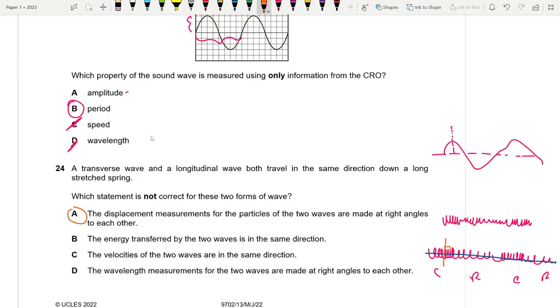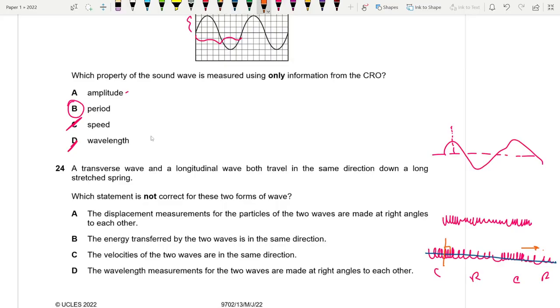So yeah, they are right angles to each other. This is correct. The energy transferred by the two waves is in the same direction. That is true. Energy is always transferred like this, suppose to the right. Why did I circle A? My bad. So A is correct, B is also correct.